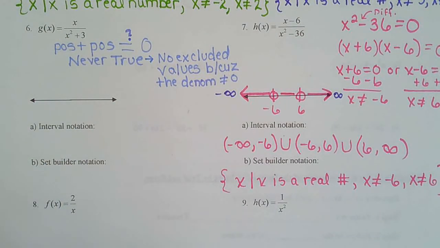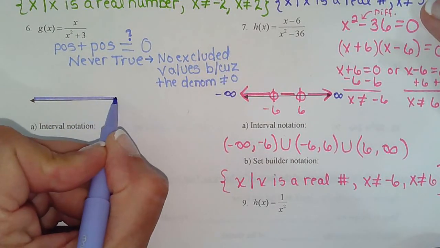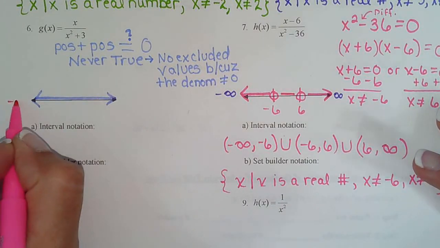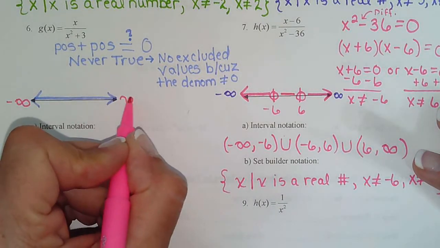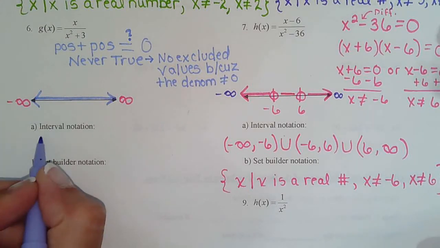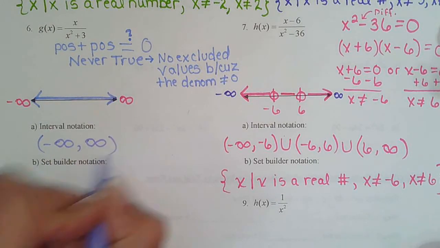So because it has no excluded values, guess what the number line looks like? Everything. So every number in the world works because there's no excluded values. So that means my interval notation is simple.